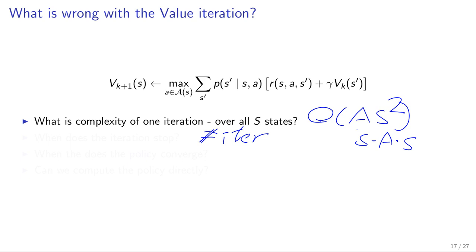So I'm considering all the actions over time and maximizing over them, and I'm doing a lot of work repeatedly, but the outcome is most of the time the same. That's the observation that motivates going from value iteration to policy iteration.